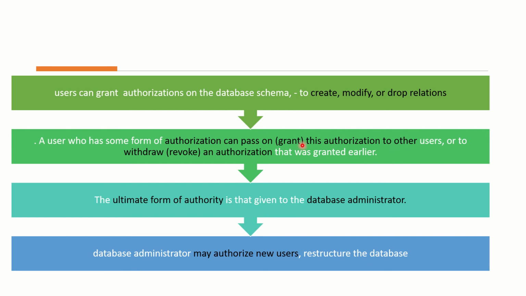And if a user already has a particular authorization which was granted earlier, it can be withdrawn by using the revoke command. And we know that the database administrator is the owner of the database. He has the ultimate authority, and he is the person who gives the rights to different users.